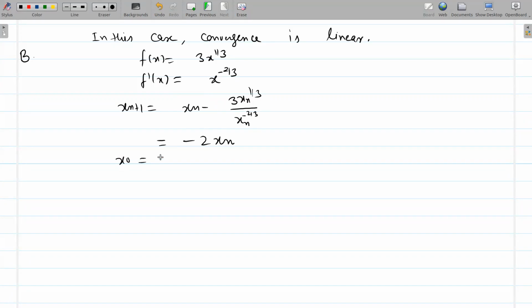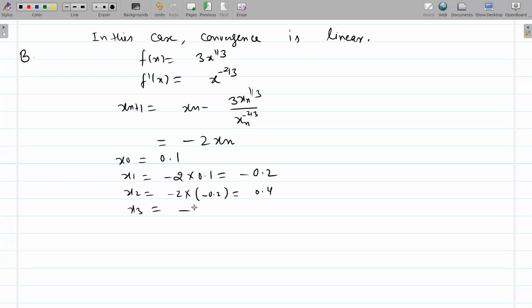Now start with 0.1. So the first answer is minus 2 times 0.1, which is minus 0.2. Then you feed minus 0.2, minus 2 times xn, 0.4.